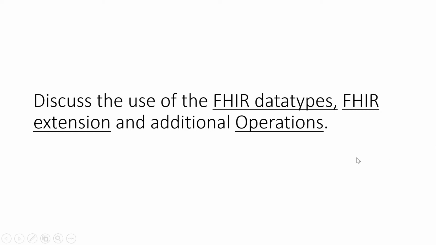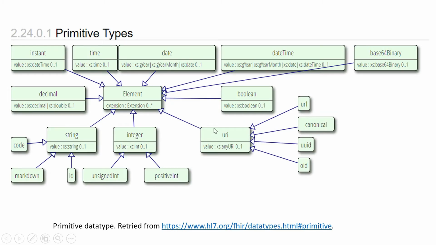Now, let's discuss the use of the FHIR data type and FHIR extension and additional operations. First of all, let's take a look at the FHIR data types. So there are two types. The first one is the primitive types.